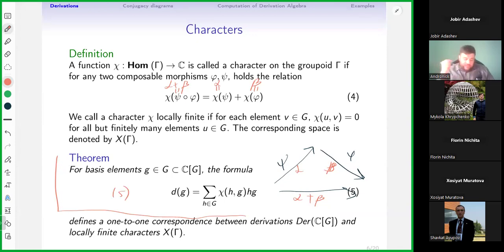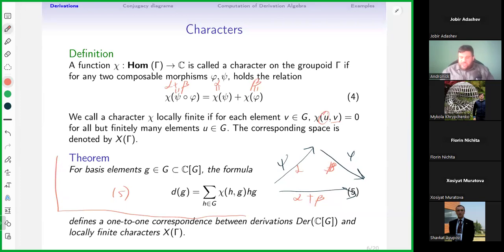And in the other direction, if you have a character which is a so-called locally finite character, that means that it is trivial for each v, and trivial for almost all u, then such a character describes a derivation.